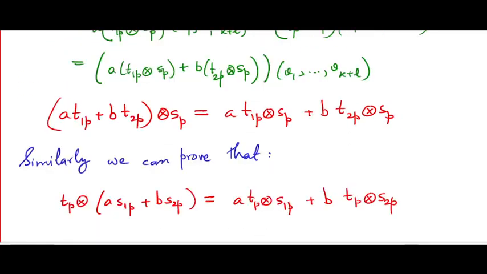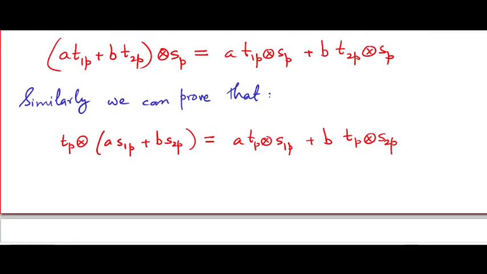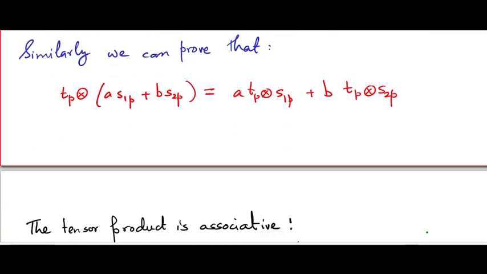We next turn to another property of the tensor product which makes dealing with it much simpler than it otherwise would have been. This is the property of associativity.